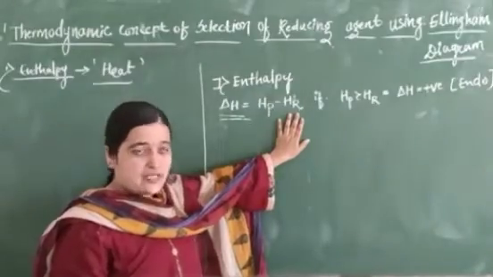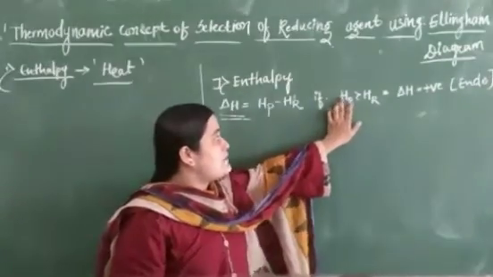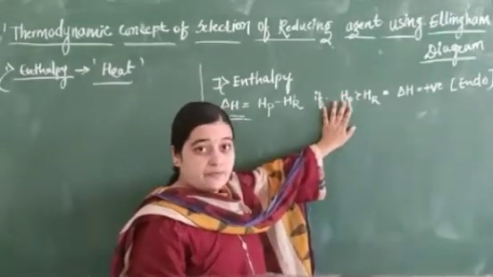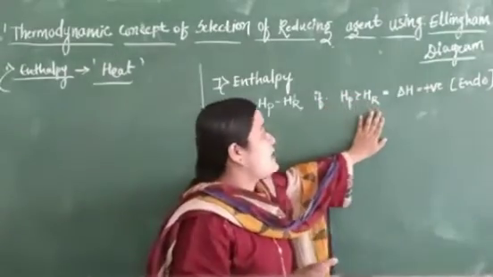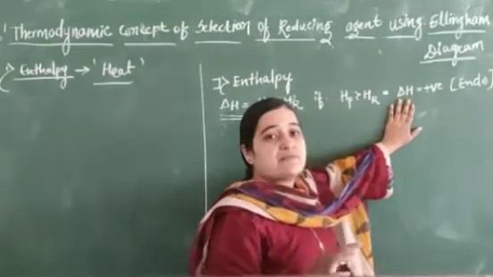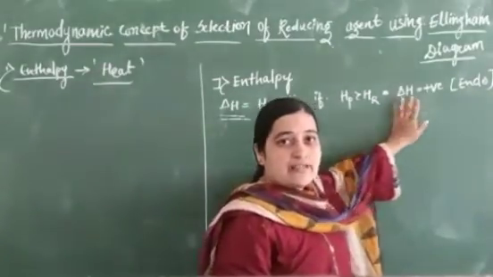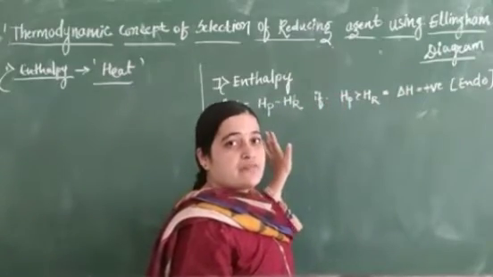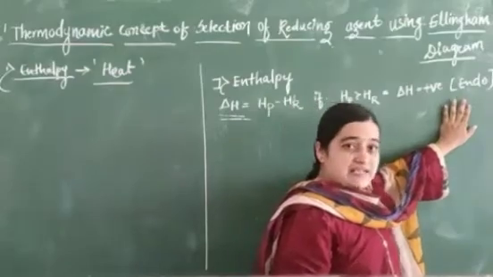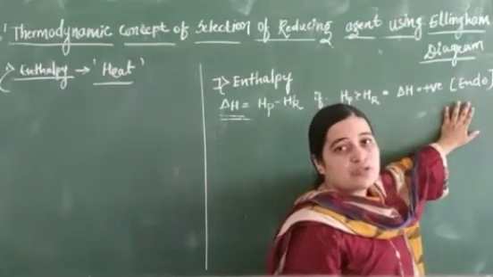If the enthalpy of the product is greater than that of the reactant, then delta H is always positive, and the reaction is an endothermic reaction.